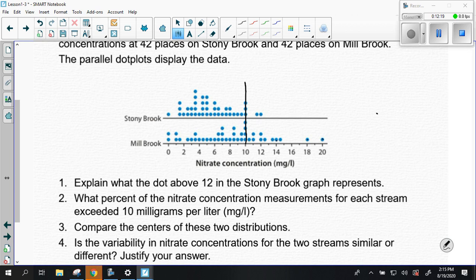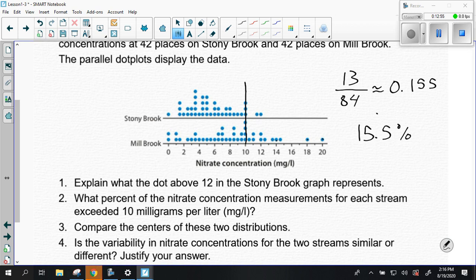Well, if they took 42 from each stream, we've got a total of 84. We'll calculate that by dividing 13 by 84, which on my calculator gives approximately 0.155. Let's round that and say it's about 15.5%, expressing it as a percentage.